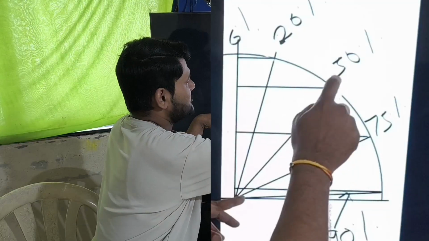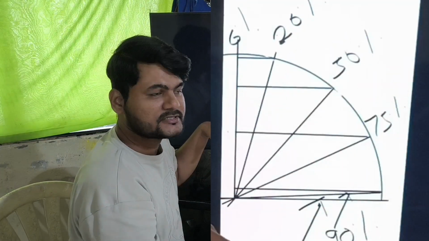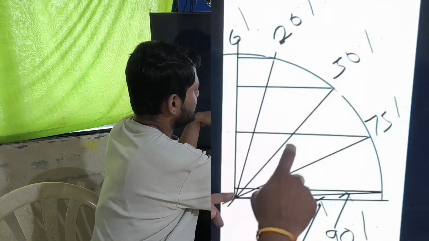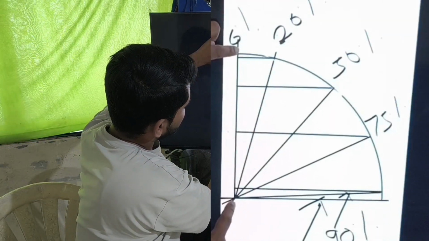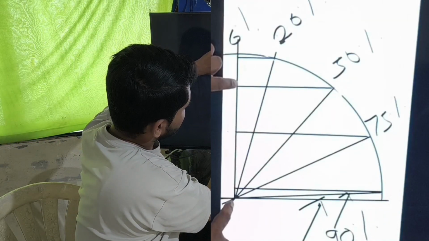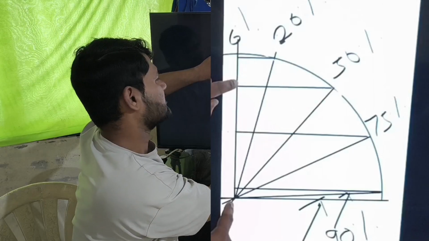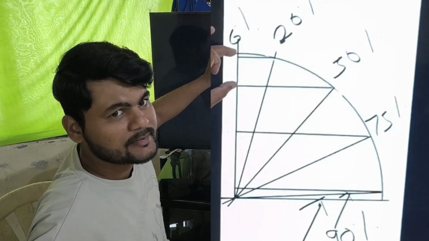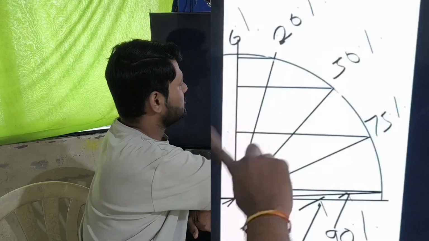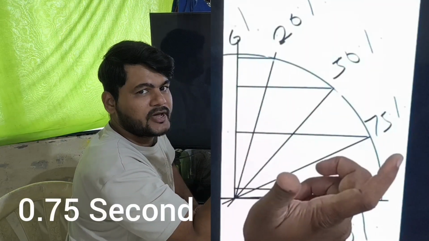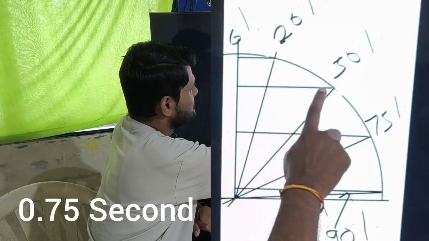Beyond this, when you increase your speed to 50% of the speed of light and draw a perpendicular on the time flow axis, you can notice the difference between these two distances increases to about 25%. So the speed of time flow decreases to 0.75 seconds here.